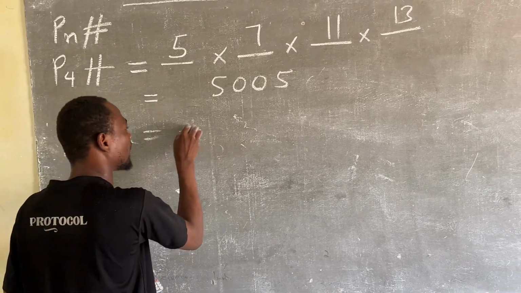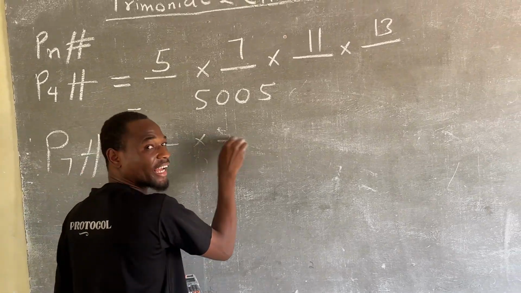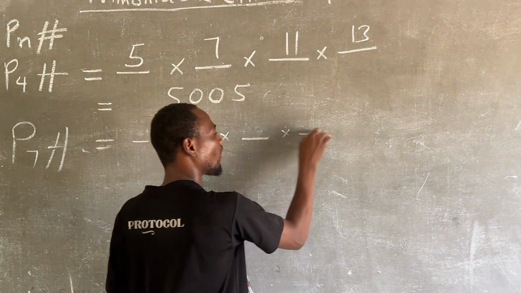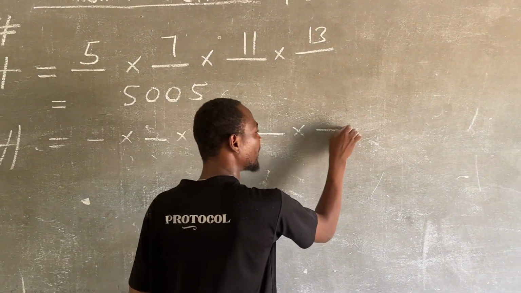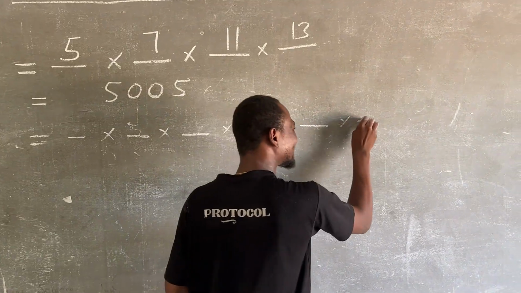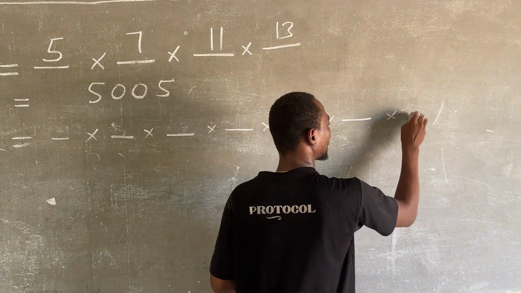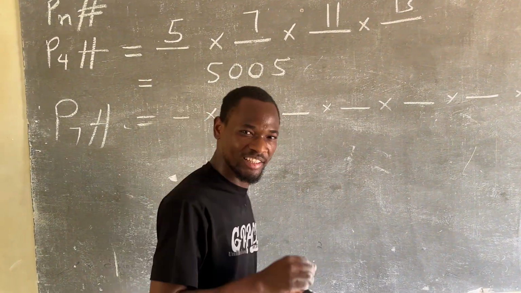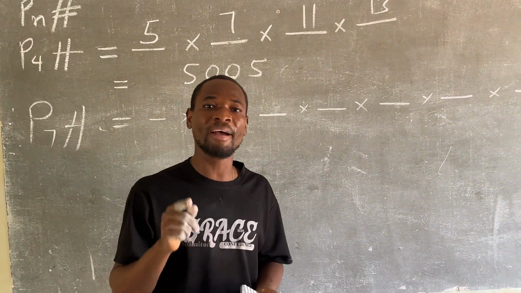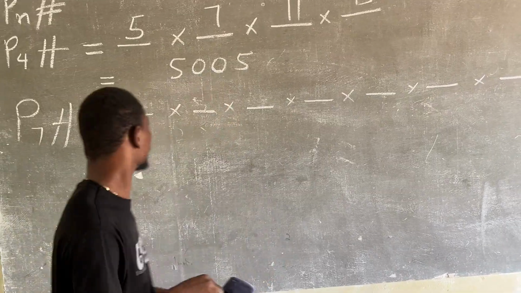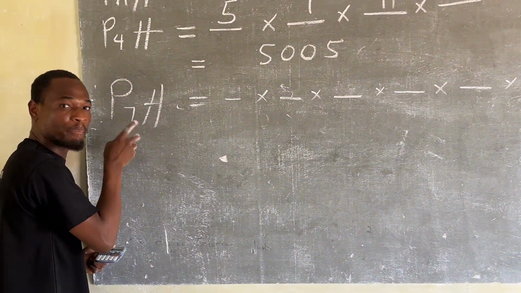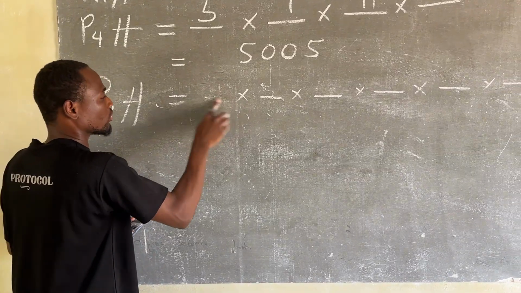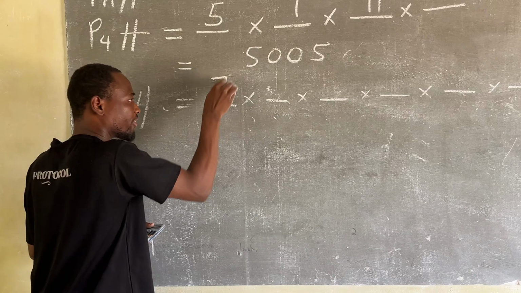So I have my first number here, times my second number, times my third number, times my fourth number, times my fifth number, times my sixth number, and times my seventh number, in the ascending order of magnitude. But note this, the numbers should be prime numbers. So class, is 7 a prime number? Yes, so I'll start from 7.